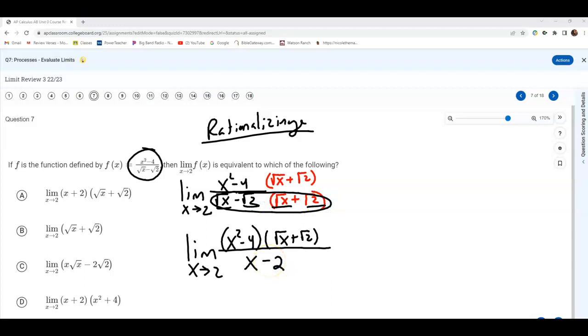And there's our answer. Now, typically at this point, what you would do is you would remove the discontinuity, but I can't cross anything off yet. But hopefully you guys recognize that this is a difference of squares, so we can actually factor that. X squared minus 4 is x minus 2, x plus 2.